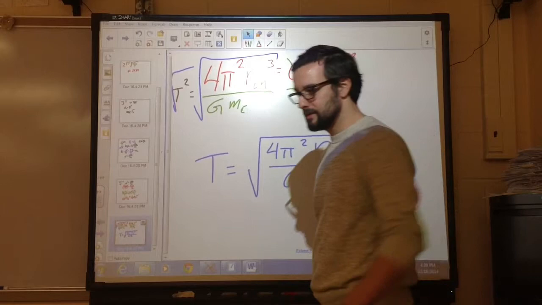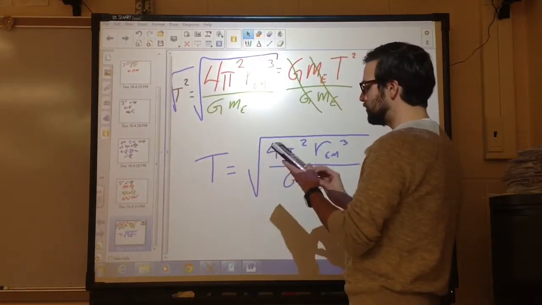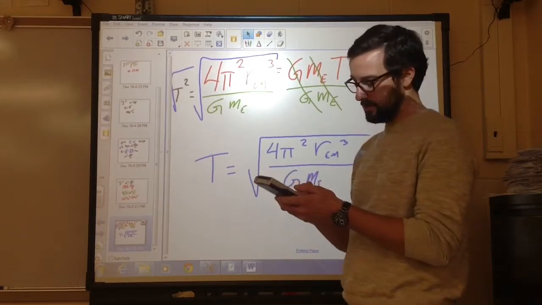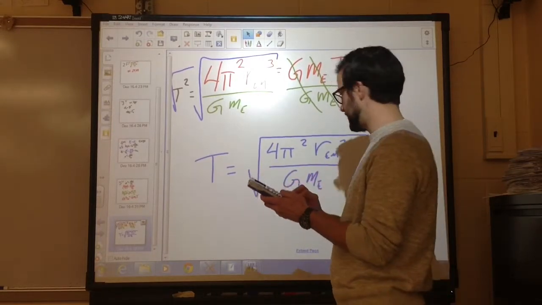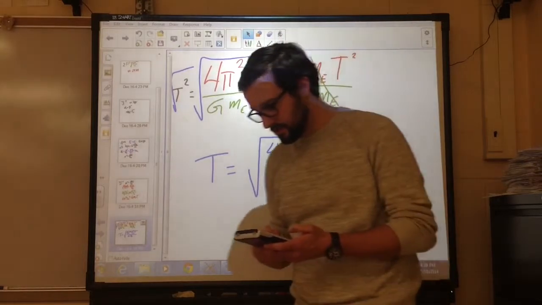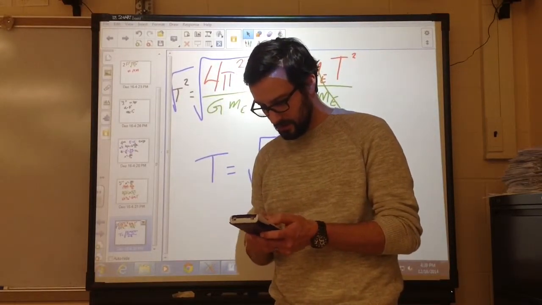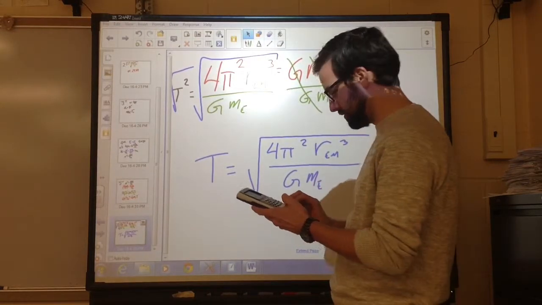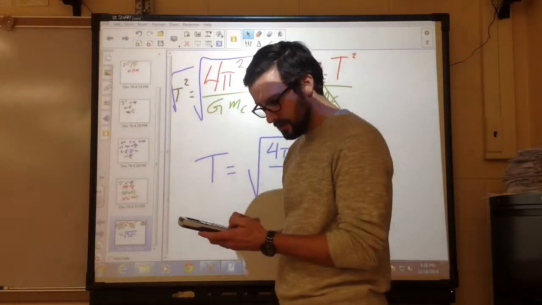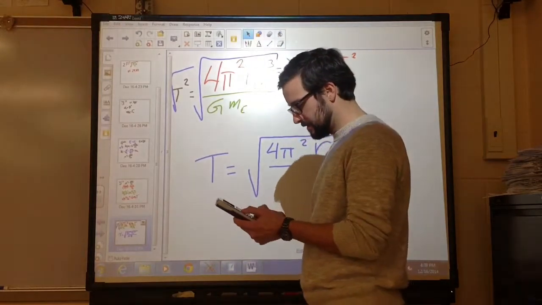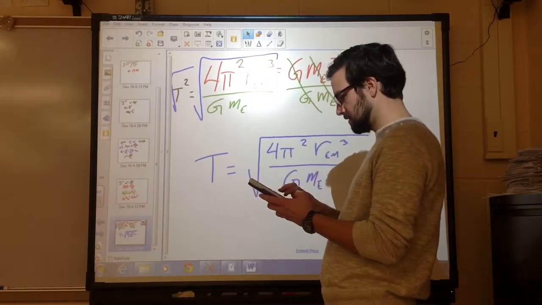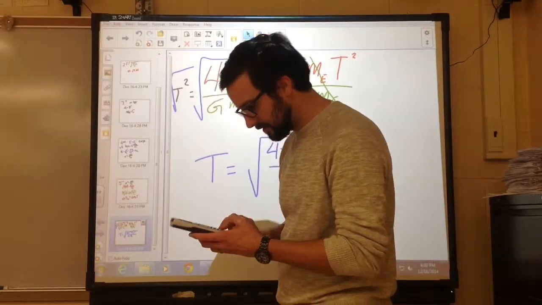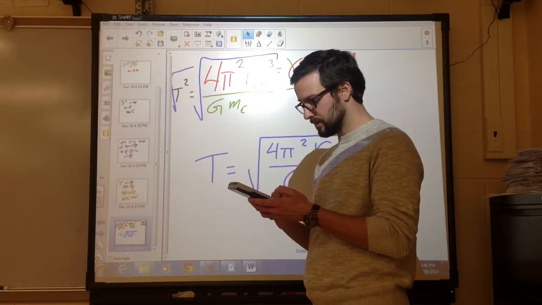Then it's just a matter of plugging it in correctly. I would plug in more than I need to, just because I'd be weirded out to plug that in all at once. So I would go 4 pi squared times the distance between the Earth and the Moon, which is 3.82 times 10 to the 8th, enter, and then I would say divided by parentheses, 6.67 times 10 to the negative 11th, times the mass of the Earth, which is 5.98 times 10 to the 24th.